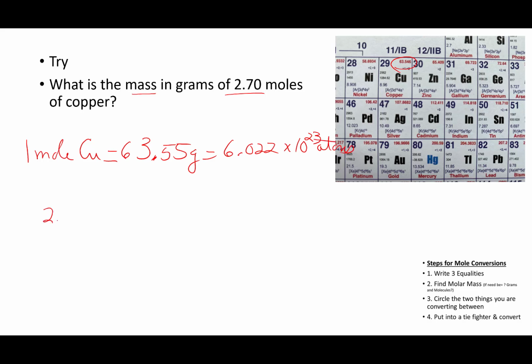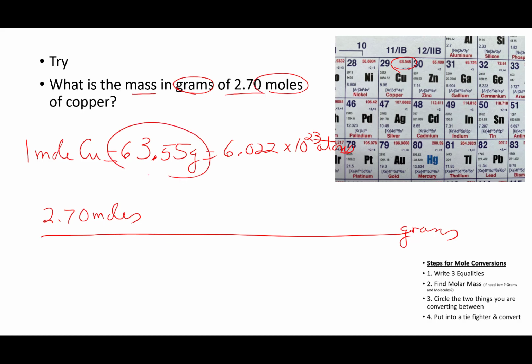I've got 2.7 moles. I want to end up with grams. So moles to grams, so I'm going to use this bit and that bit. Get rid of moles. Go to grams.